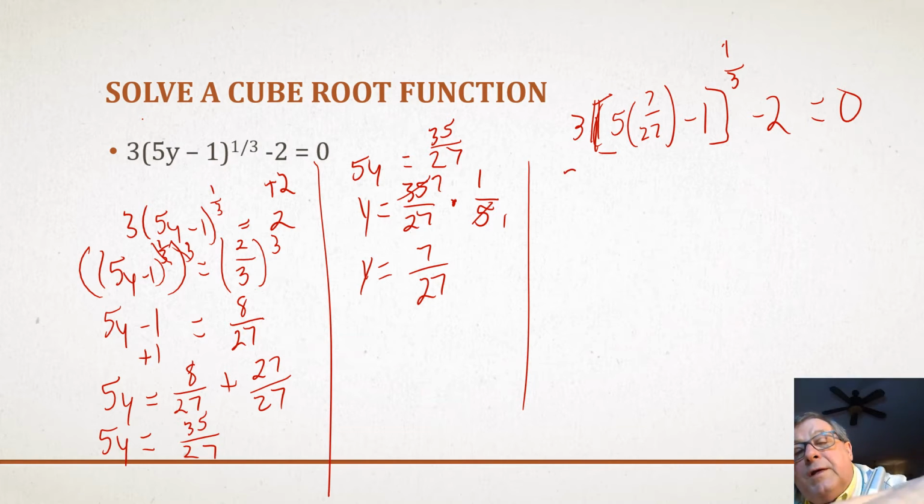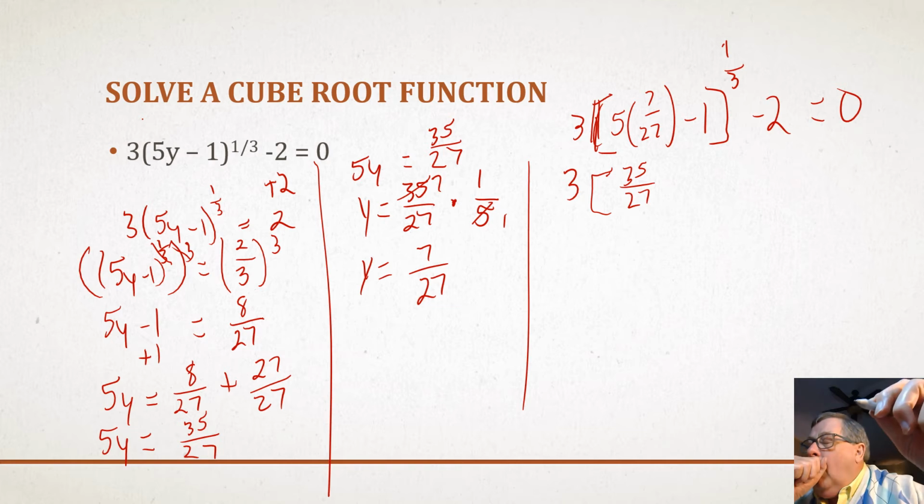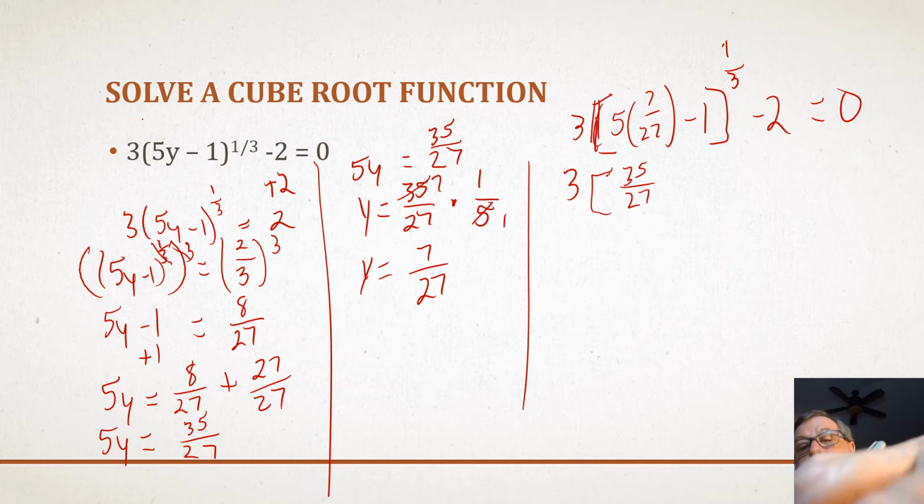All right, well now we got 3 times, let's see, 5 times 7 is 35. So I got 35 over 27.